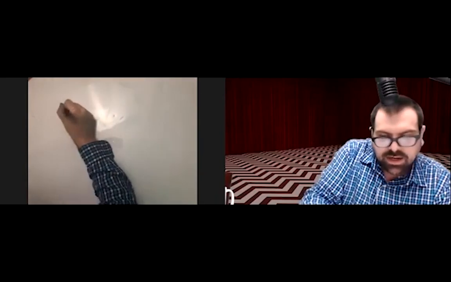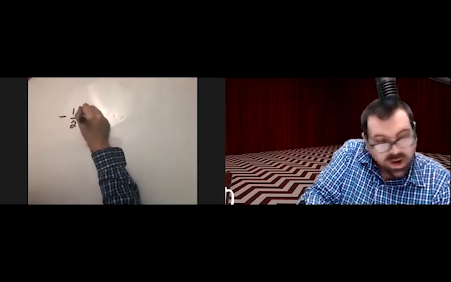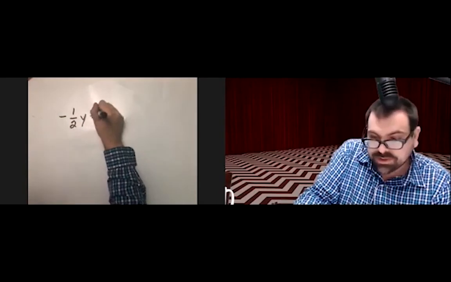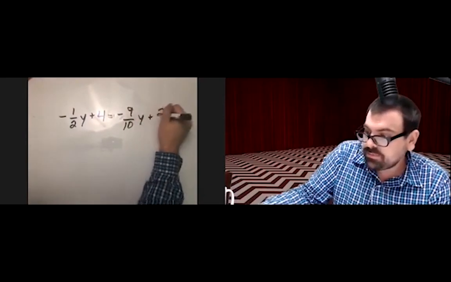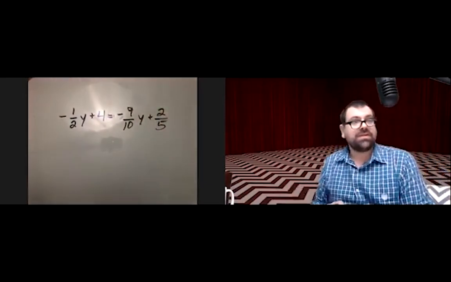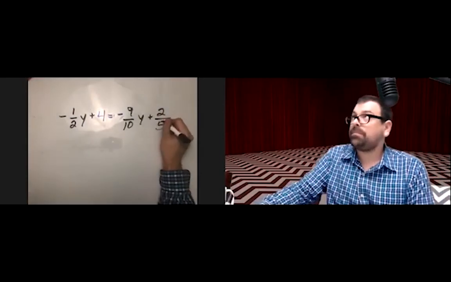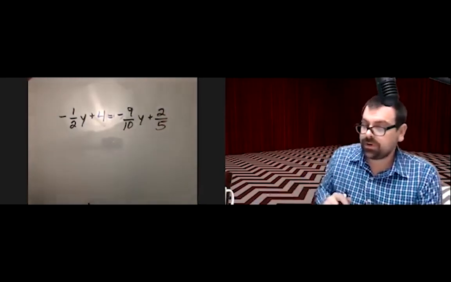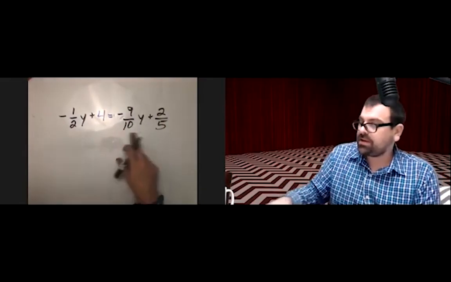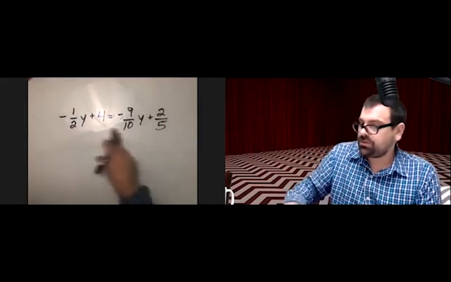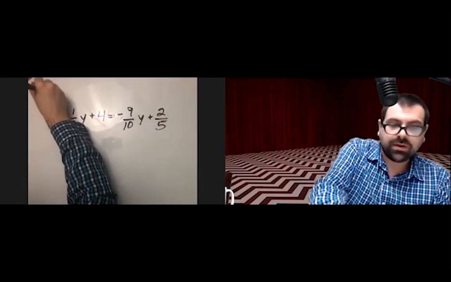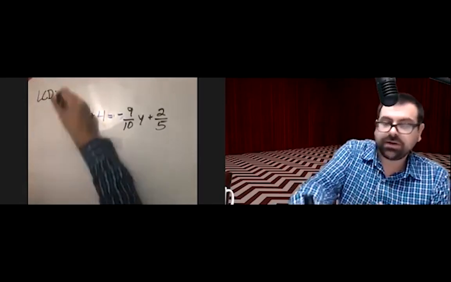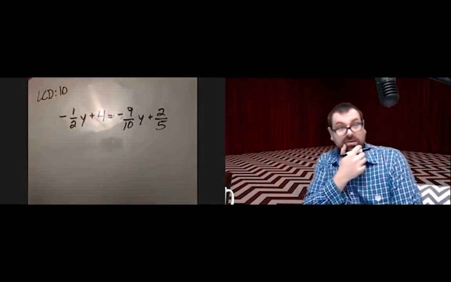Let's look at negative 1/2 y plus 4 equals negative 9/10 y plus 2/5. If I look at the numbers that are on the bottom of all the fractions, 2, 10, 5, the least common denominator is going to be 10.